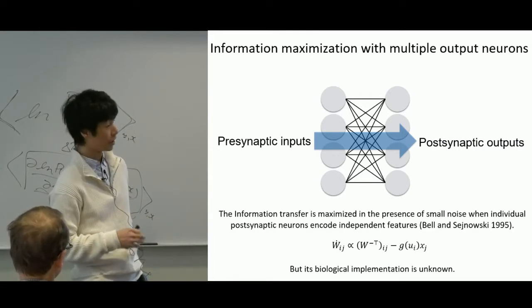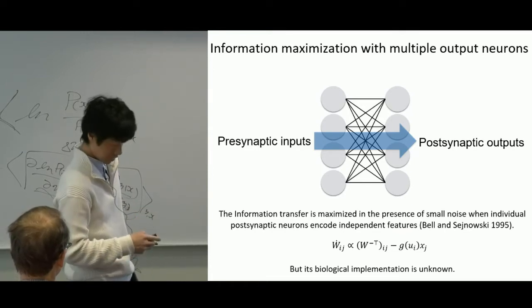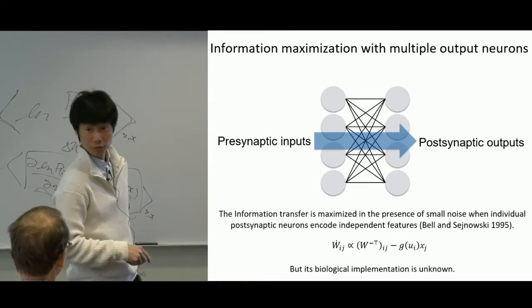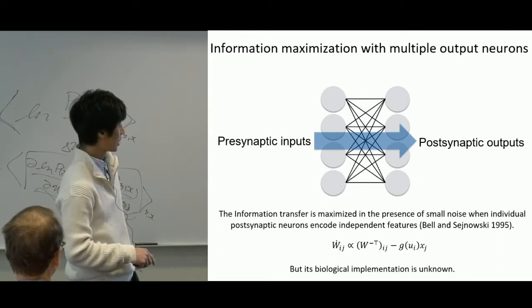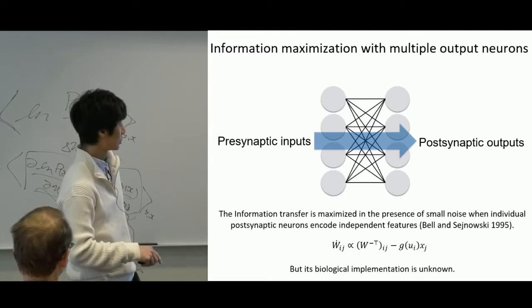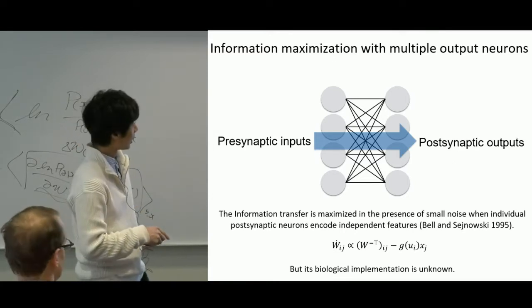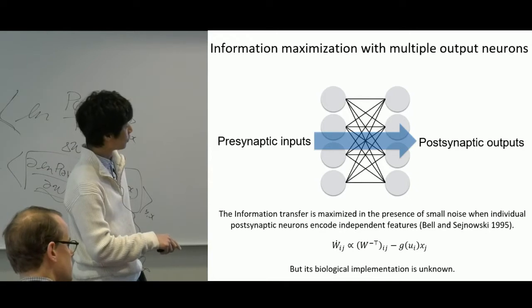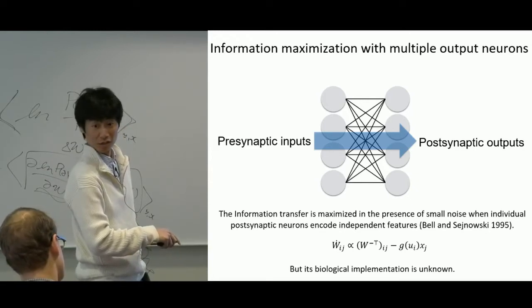This is called the ICA, independent component analysis, learning rule. But the problem is that this is a so-called non-local learning rule. It involves matrix inversion and then transpose.